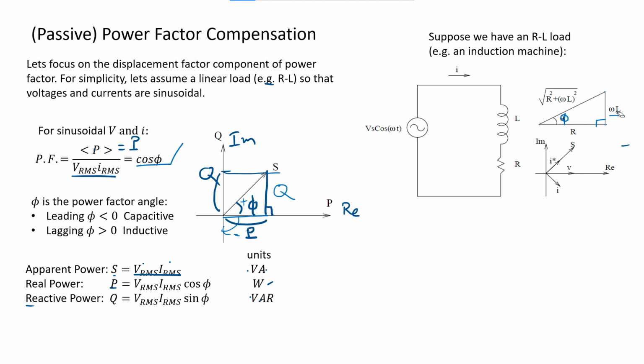Then you can find this angle easily. This is angle phi, and this hypotenuse can be easily calculated by this formulation as well.